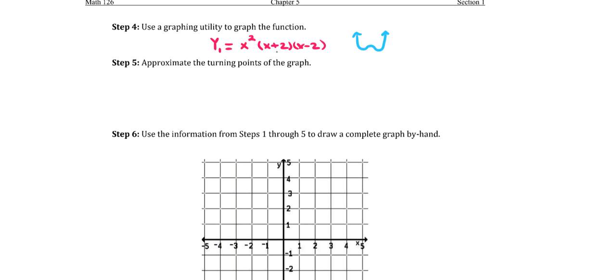If you look at step 5, it says approximate the turning points of the graph. Based on even this little schematic, we have a turning point right there, a turning point right here, and a turning point right there. Do keep in mind that turning points are basically the maximums and the minimums. So I'll say maxes and mins.